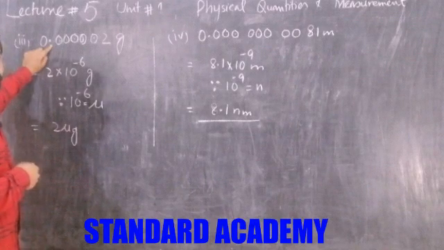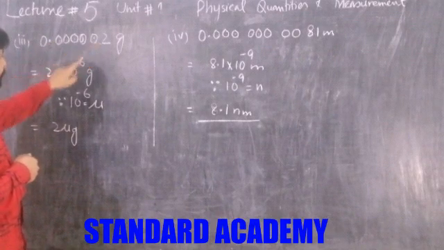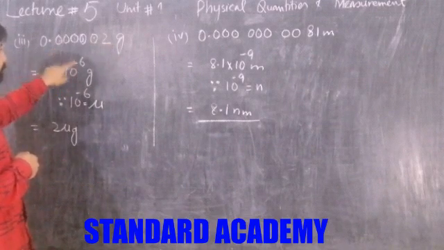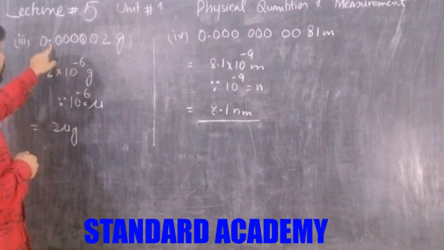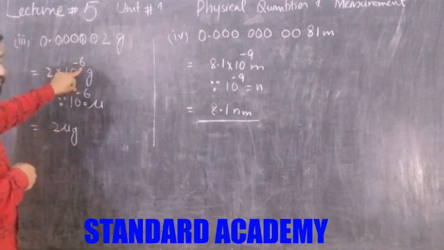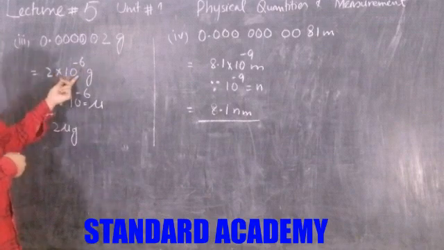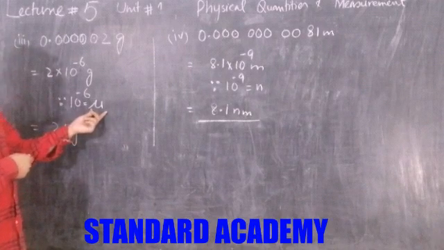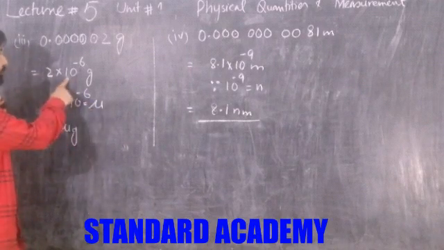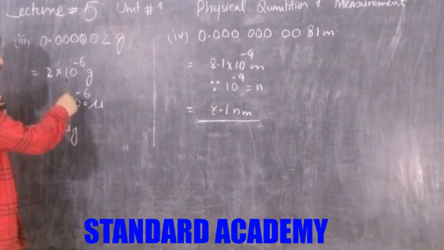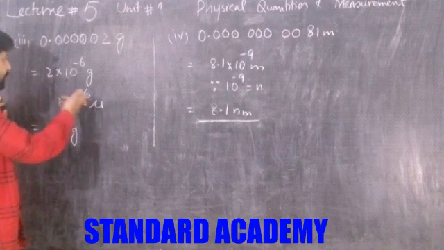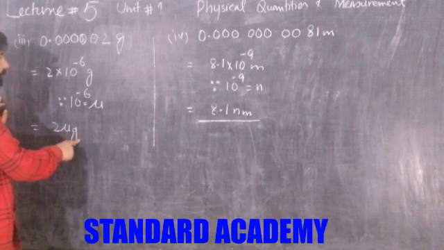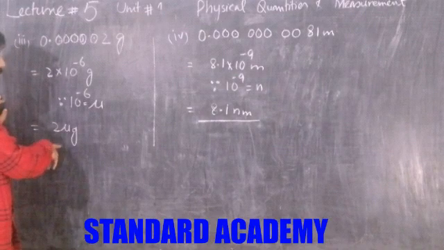If we move from left to right, the power will be negative, and if we move from right to left, the power will be positive. So here we are moving left to right, so the power will be negative. As we know, 10 raised to the power minus 6 stands for the prefix known as micro. So here I am putting micro in place of 10 raised to the power minus 6, so this will become 2 microgram. This is the solution of this example.